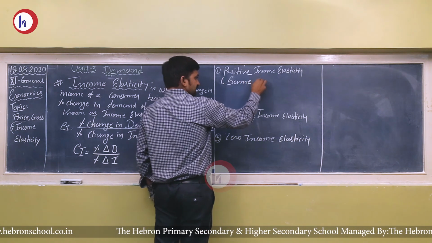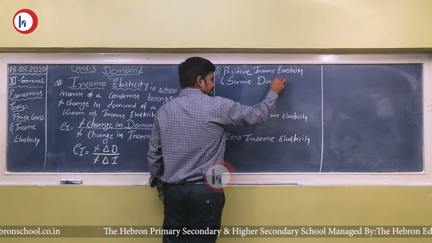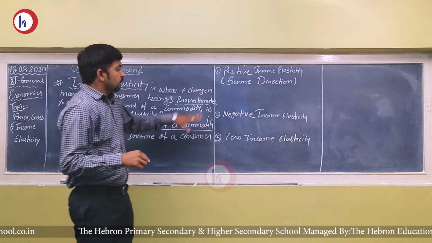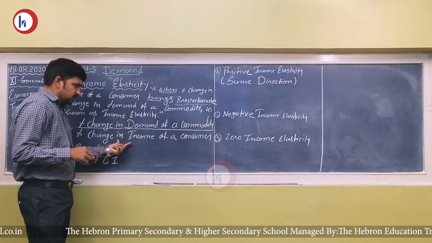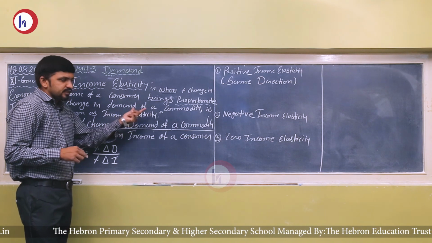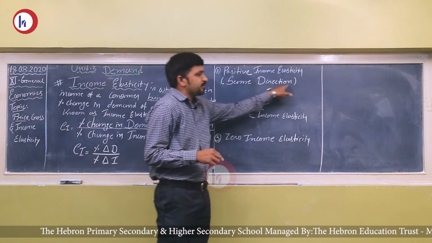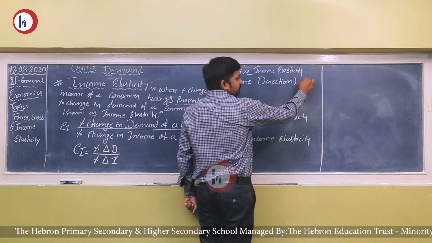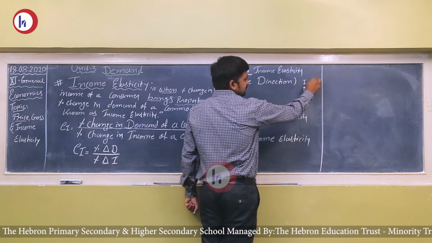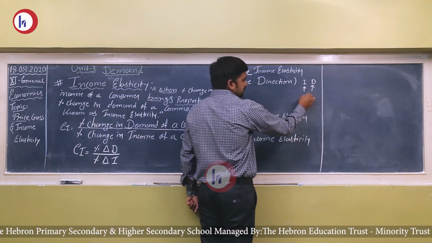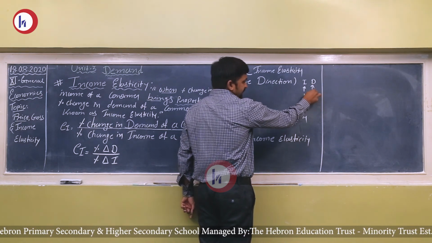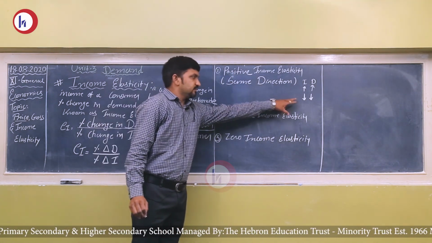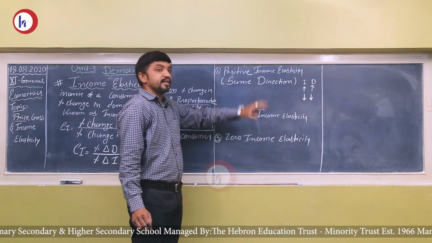Keep this thing in mind because you have to write the meaning in your CW. When percentage change in income of a consumer and percentage change in demand of a commodity are in same direction, which means if income of an individual increases, demand of a commodity increases, and if income decreases, demand decreases, it is known as positive income elasticity.